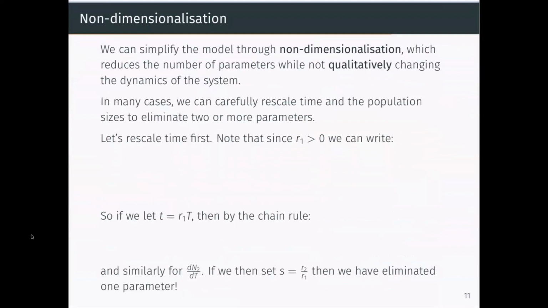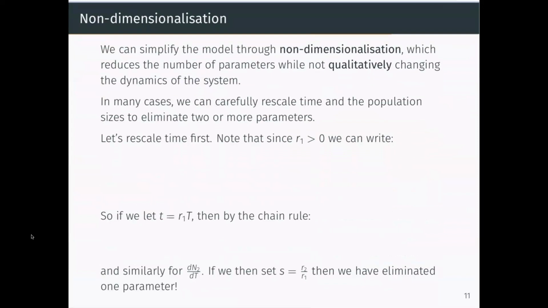And the key thing about non-dimensionalization is that we are not mathematically changing anything or qualitatively changing anything about our system. Essentially, we're just translating it into a problem that is mathematically equivalent by rescaling, say, our population sizes and our timescales.